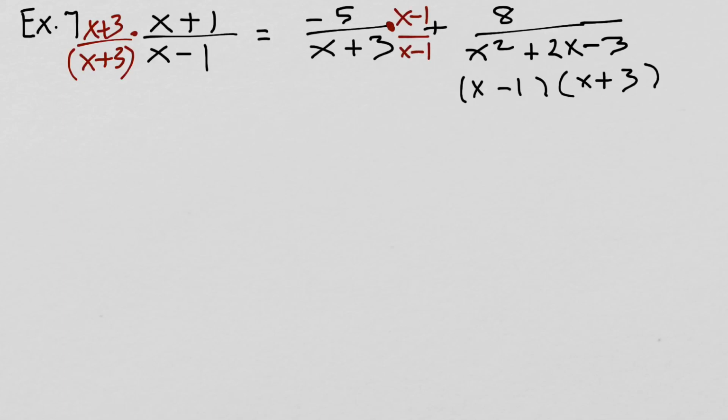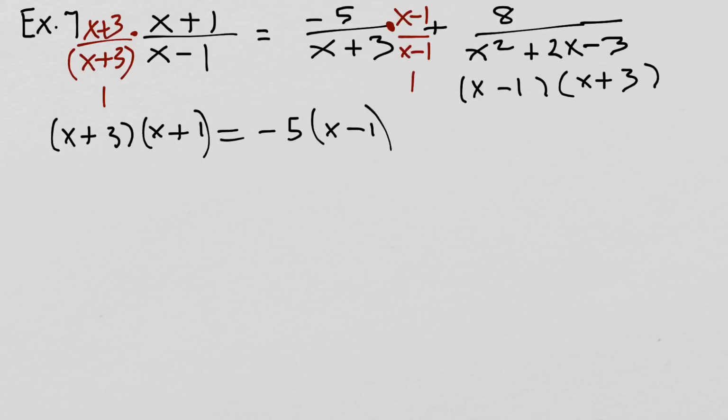So this is 1, this is 1. So on the top, I'll have x plus 3, x plus 1. All right, I'm only using my numerators now that I have a common denominator. And then I have only an 8 here because I didn't have to multiply over here by anything.